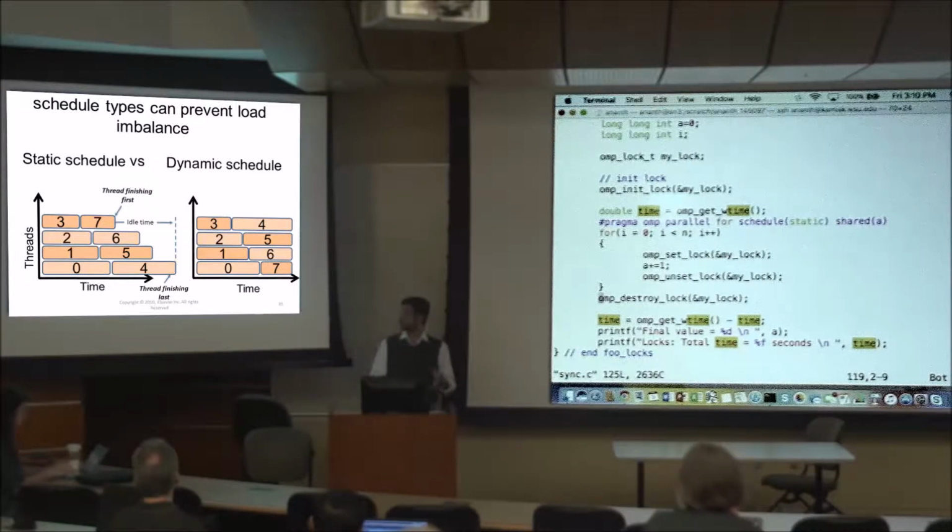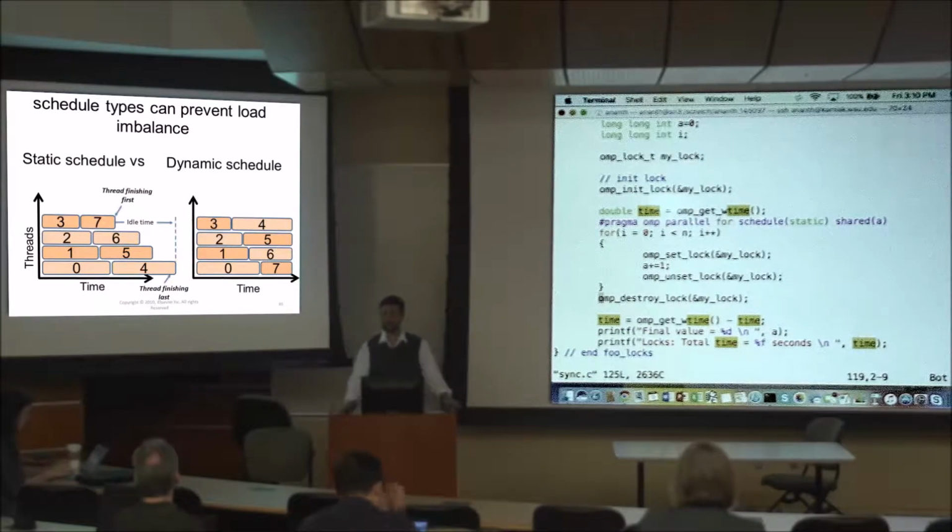An OpenMP system by default, if you don't specify anything, does static scheduling, predetermines which iterations go to which thread, okay? And that may not work when you have variable load within each iteration. So what you do is you specify something called dynamic scheduling, which does a better job of managing the load. It does it in a cautious way.